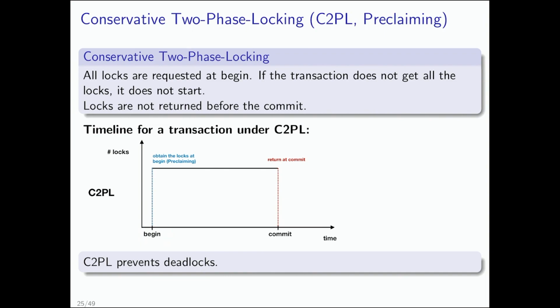So here's the database, here's a transaction. Transaction, give me that lock, I want to have that lock and that lock. And then the database system says, here are the locks, now you go on. And then the transaction says, oh, I forgot, I also want to have that lock. And then the database system says, no, we are really conservative. You're not allowed to continue, I will roll you back.